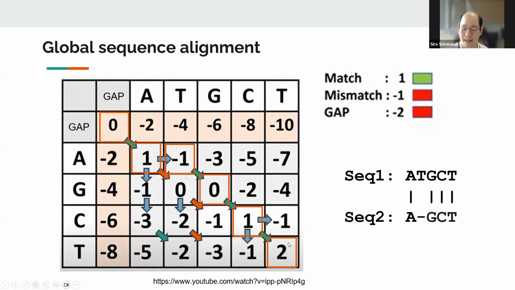And this is the best alignment that we have, because from the top left to the bottom right, this is the path that gives us the best score. And this is for global sequence alignment. To remind you, in global sequence alignment, we assume that both sequences must be aligned from end to end.